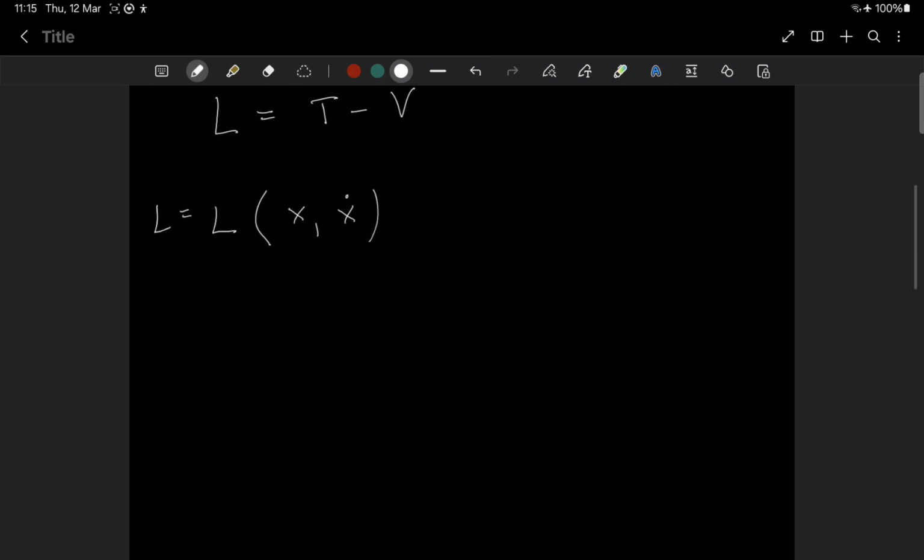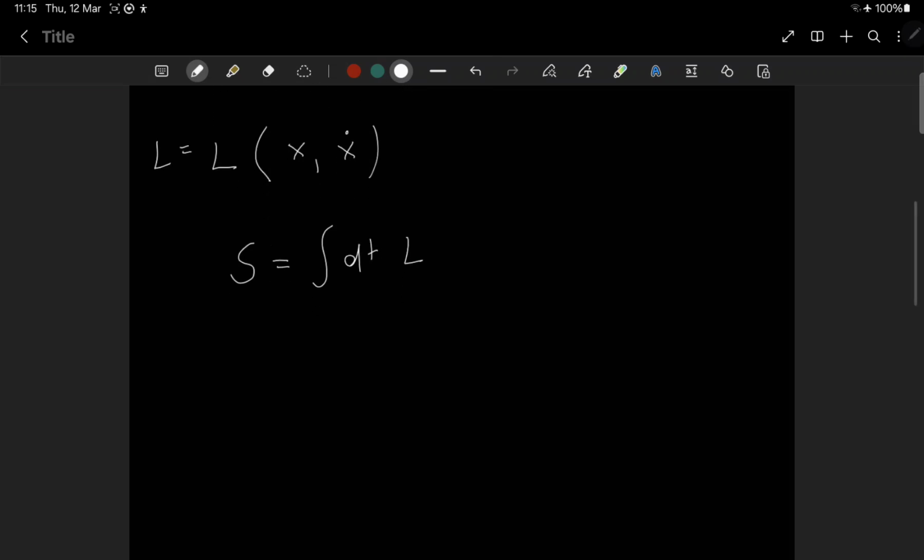Now the principle of least action basically says that the action, which is denoted by S, is the integral over dt of L. The principle of least action says that trajectories of Hamiltonian systems follow the path of least action. So in order to calculate the least action, we take the variation of it.